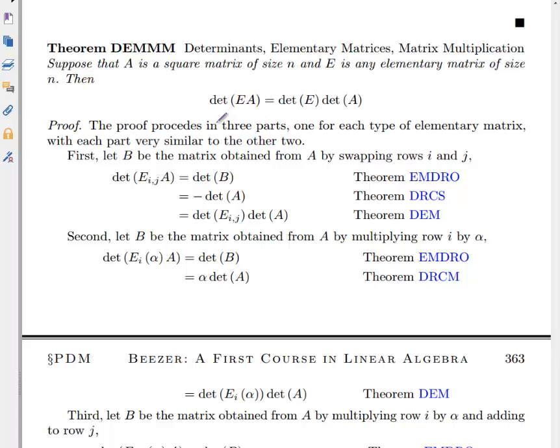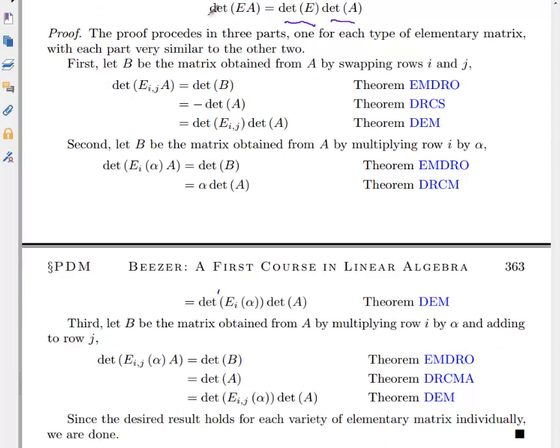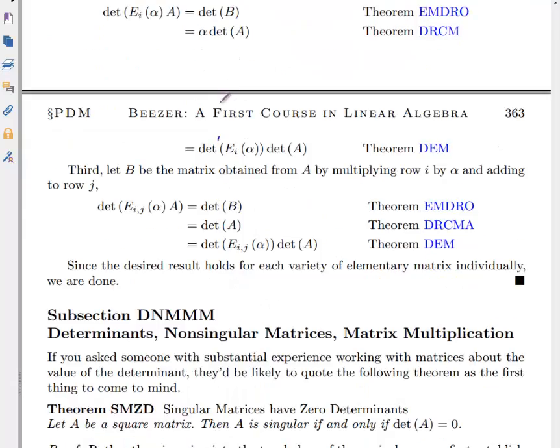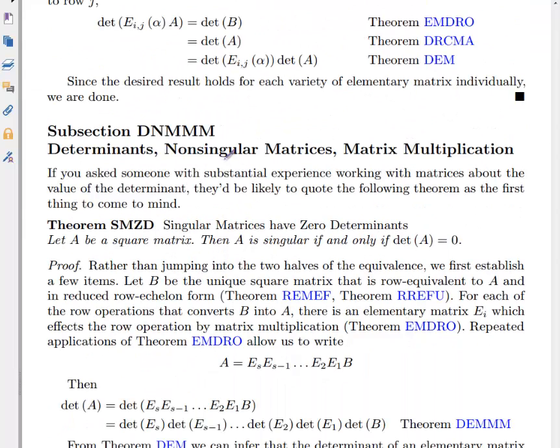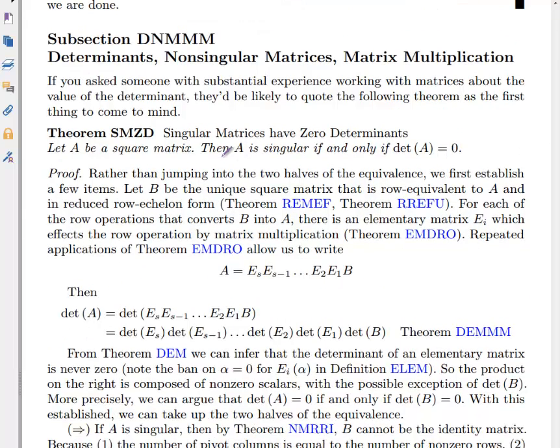If I multiply a row of a matrix by alpha, that's the same thing as multiplying by an elementary matrix. But the determinant of that elementary matrix is alpha, so that's the same thing as taking the matrix A and multiplying the determinant by alpha. And same thing for the other row operation. So this is kind of a cool theorem. And we'll use that for some theory properties in a little while.